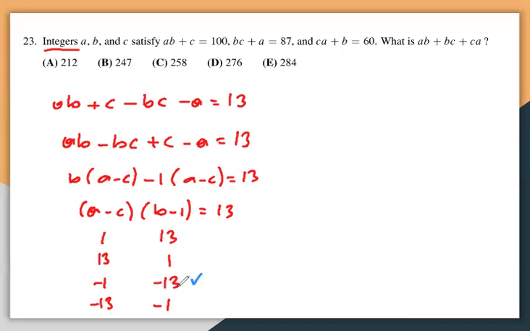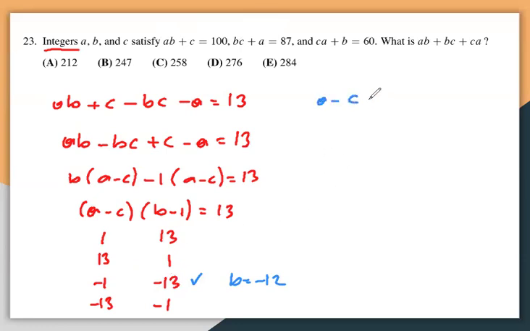Okay, if I try -13, I know this is going to work because I tried the other one already. I just didn't want to show it now. If I try this choice, -13 is B minus 1, so B has to be -12, right? Let's plug into the equations and solve for the other variables. I know A minus C is going to be -1.